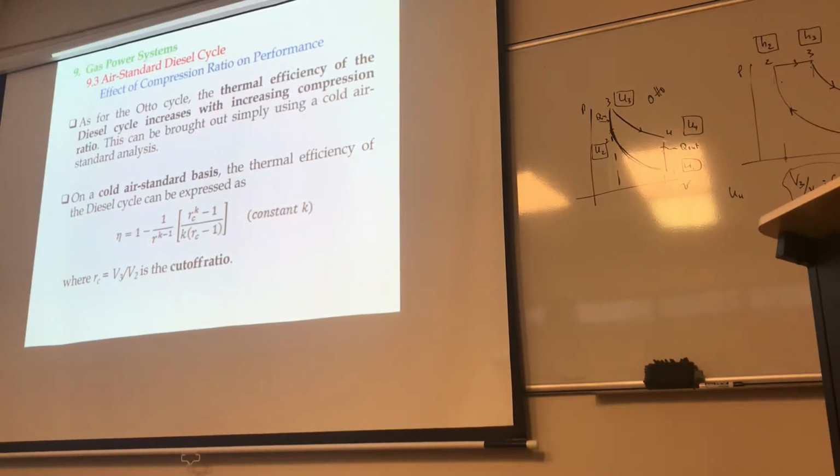It's the compression ratio, r, right? So this is the cutoff ratio, and the compression ratio is either V1 divided by V2 or V4 divided by V3, either one of these. Okay?